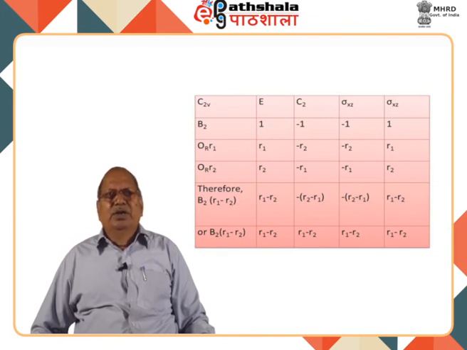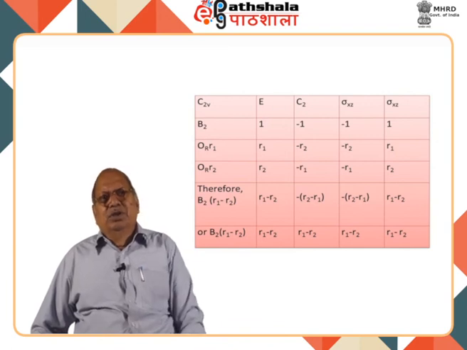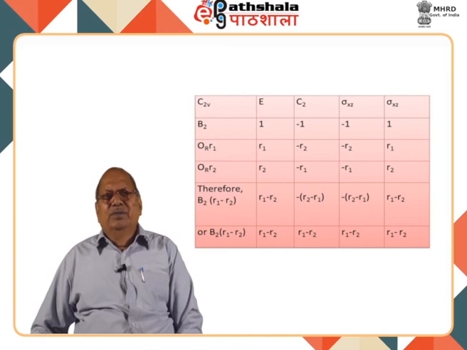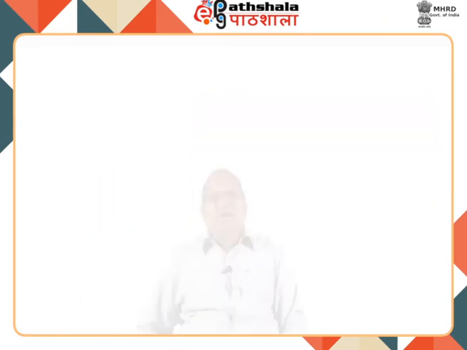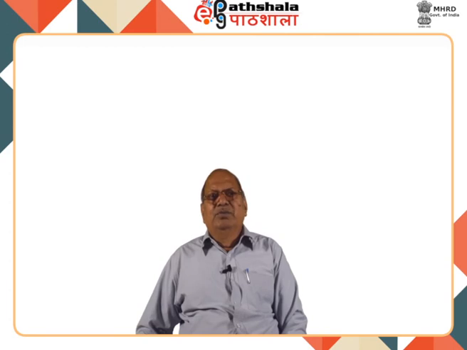Now, similarly, we can make use of R1 minus R2 and see the effect of B2 symmetry. R1 minus R2 remains unchanged under B2 symmetry. So the R1 plus R2 combination remains unchanged under A1 symmetry, and the R1 minus R2 combination remains unchanged under B2 symmetry.